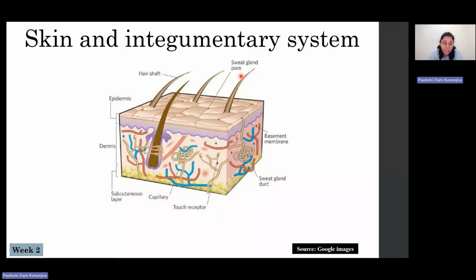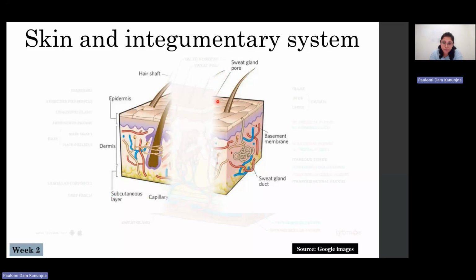You have absorption, so the skin can also absorb from the application. They're protecting the underlying material. They have excretion, sebum, sweat, right? And then they also have vitamin D production. So there are multiple functions of skin, and that's why it's important for us to know the structure of skin.